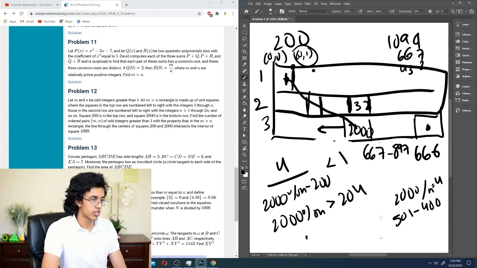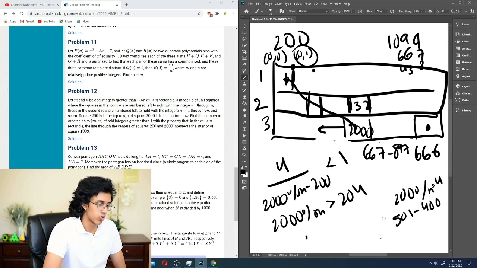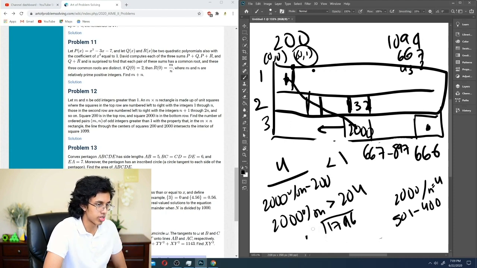Okay, and we know that 2000 mod 501 is going to be what? That would be 500, right? And then as we go down, when does it become 204? Okay, so 2000 minus 204 is what? 1796. And then divide this by around 3, because we want to get to somewhere in here.